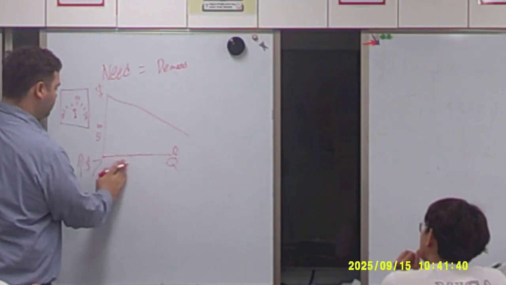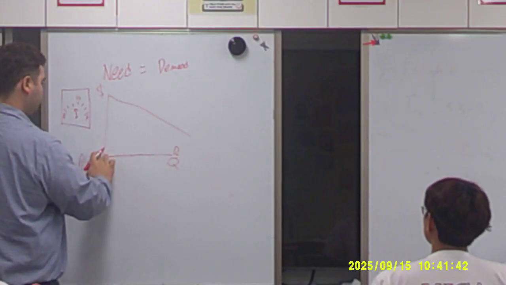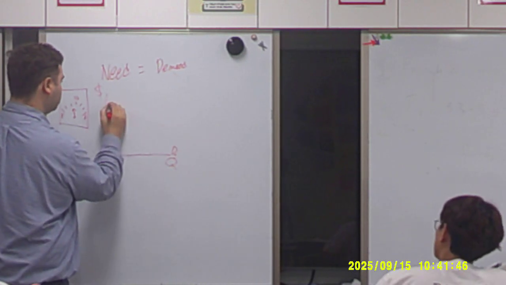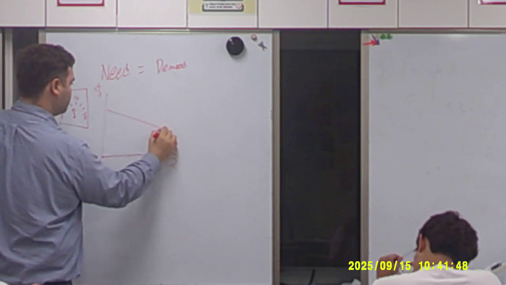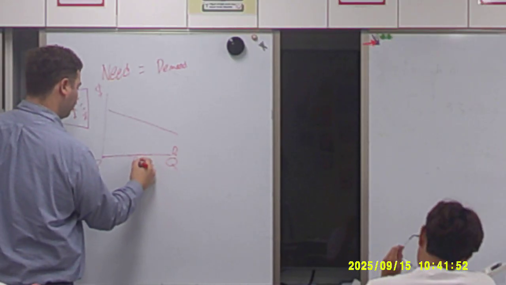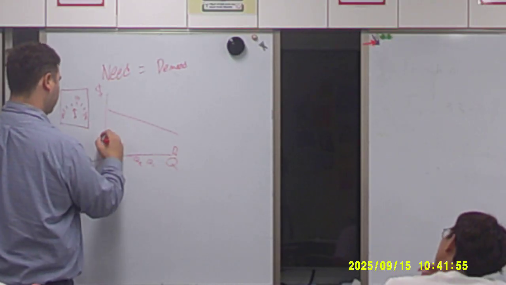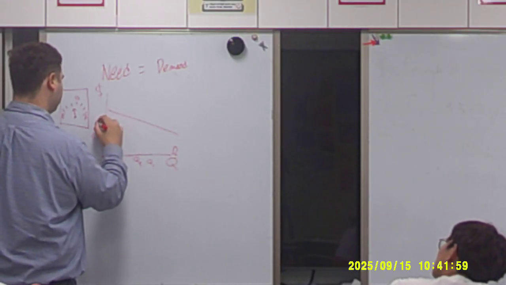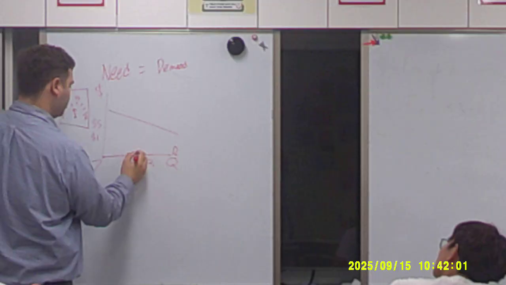So what does that mean? For example, let's go like this. So we have Q1 and we have Q2. Okay, we'll say this is at $1 and this is at $5.